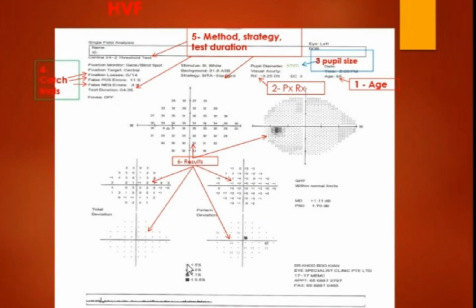For the first one that looks like 4 dots, you can see less than 5% beside it. This means that less than 5% of the total population within that age bracket is having this depression. So if you see this kind of defect, you can actually say that it is not severe.